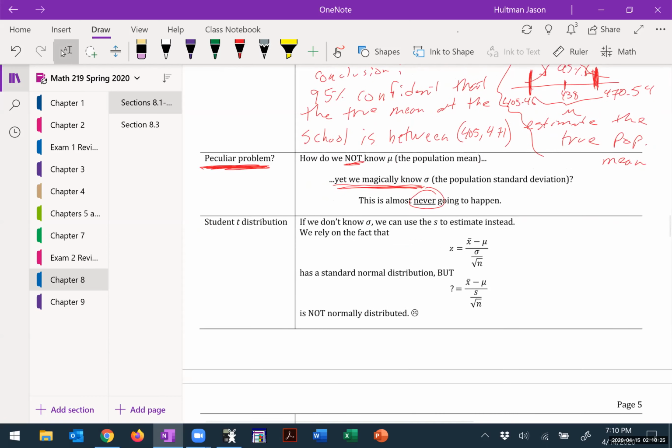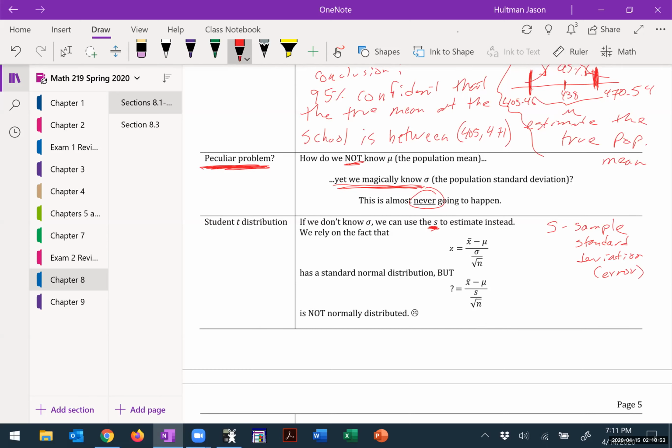If we don't know sigma, we can use S. What was S? S is the sample standard deviation. In our case, it's the sample error. We can just call it sample standard deviation.